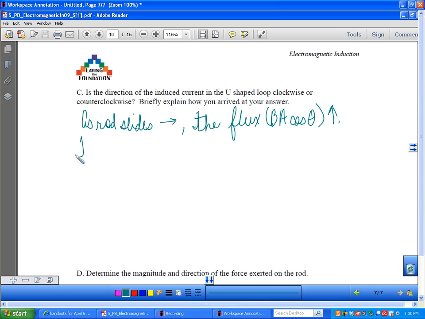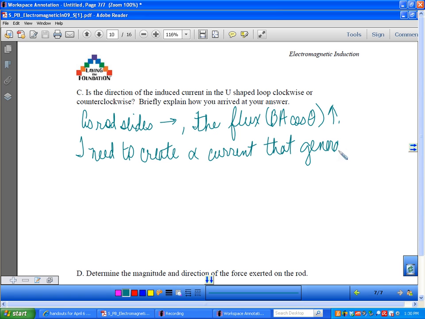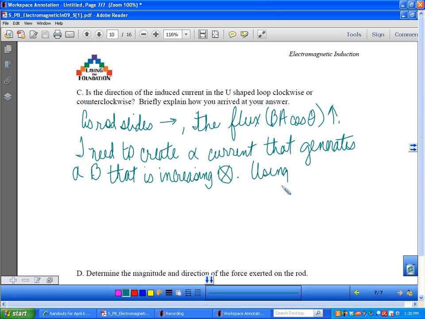I need to create a current that generates a magnetic field that is increasing into the page. Okay, using the right-hand rule, I see that the current must flow clockwise.